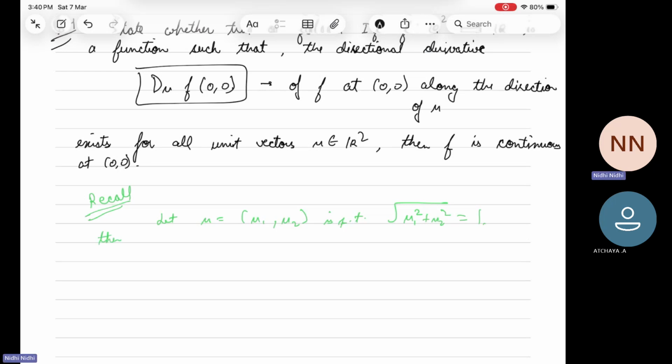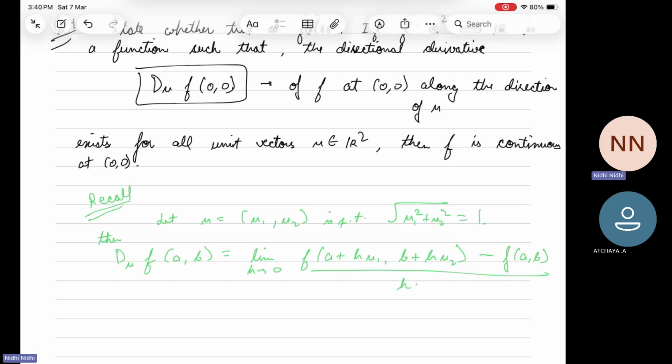Then the directional derivative in the direction of u for the function f at some point (a, b) is given by the limit as h tends to 0 of [f(a plus h u1, b plus h u2) minus the value of the function at (a, b)] upon h.